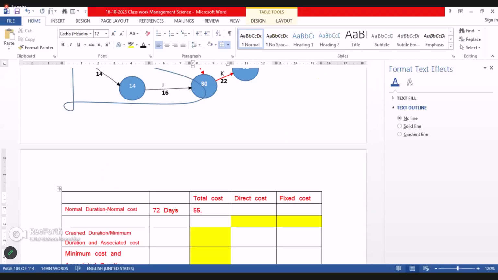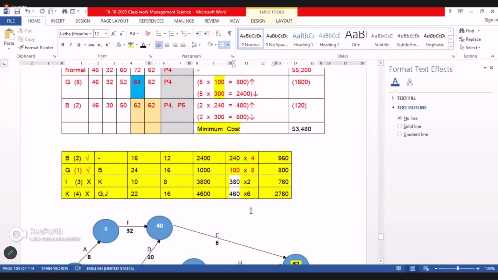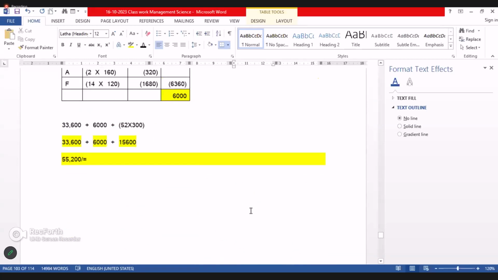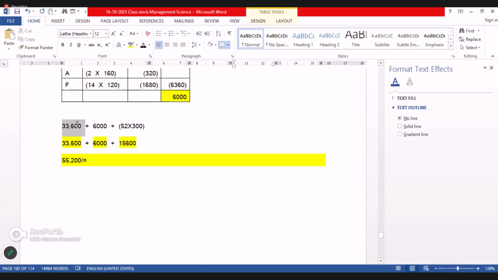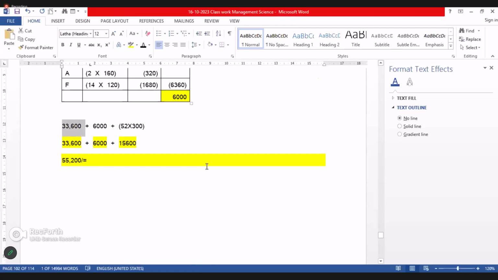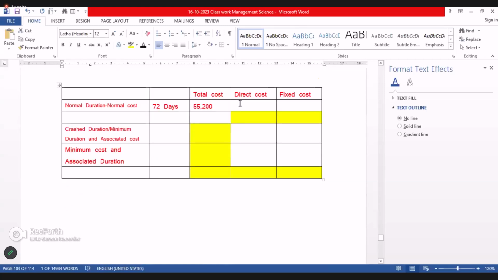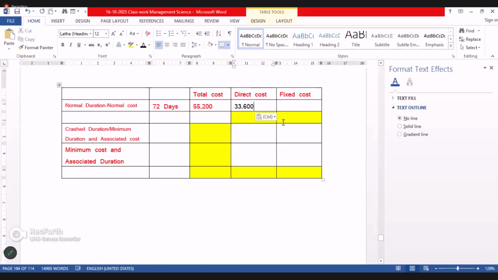Okay. What is the direct cost? Activity cost, 33,600. Yes. What is the indirect cost? Fixed cost, how much? 21,600.